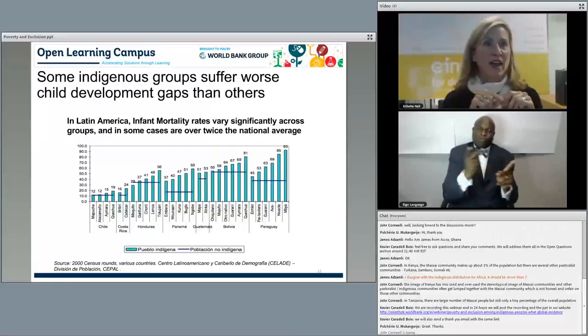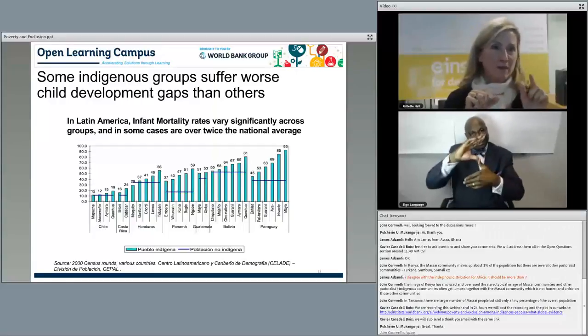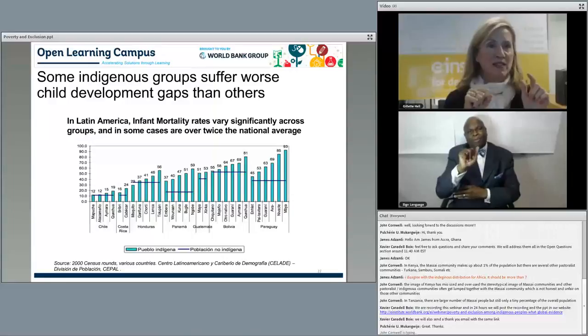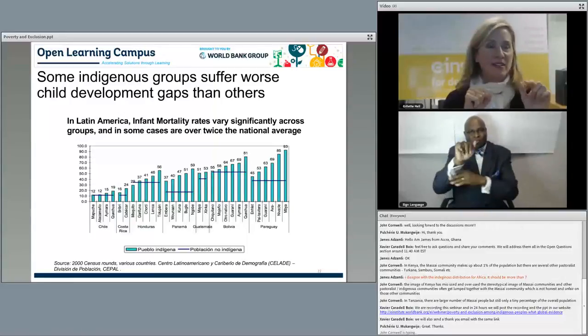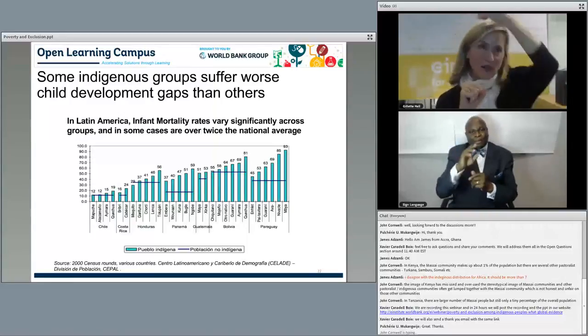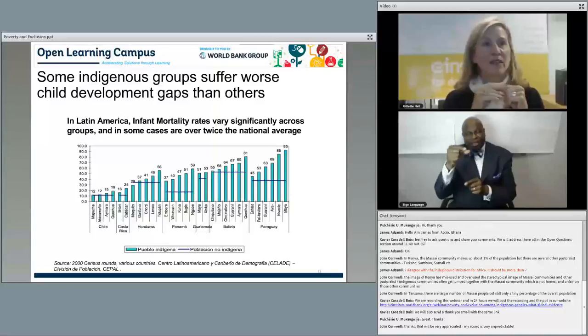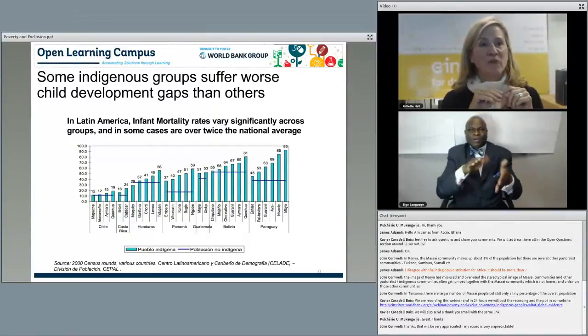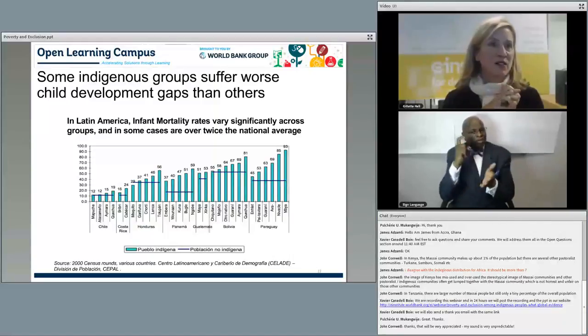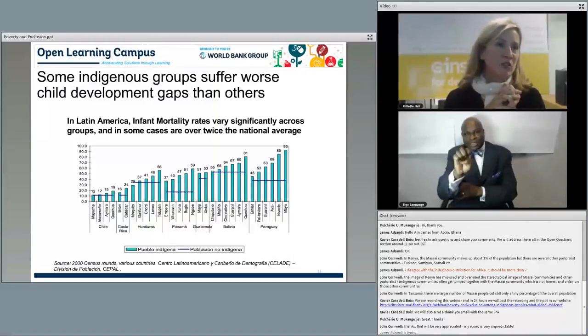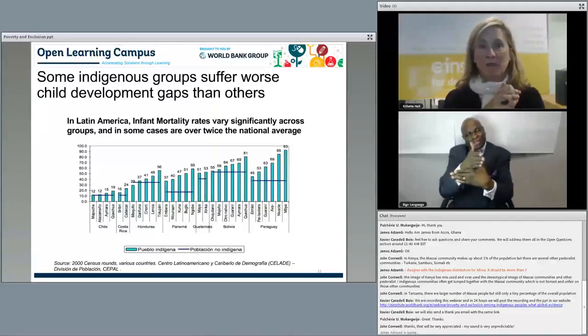So here we have across Latin America, the blue bar represents the average infant mortality rate for the non-indigenous population. And the bars going vertically tell you the infant mortality rate for the indigenous population. You see that some groups, if you look, say, to Chile, you'll see that the Mapuche are right at the national average. If you go to Paraguay, the discrepancies are really quite varied and interesting.